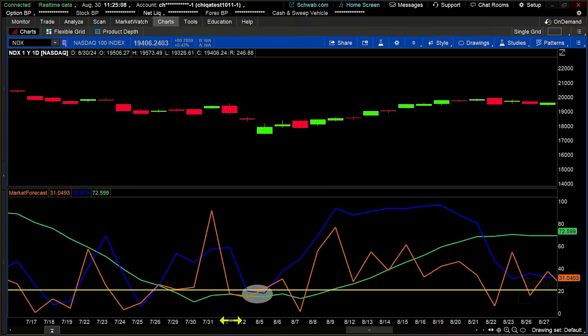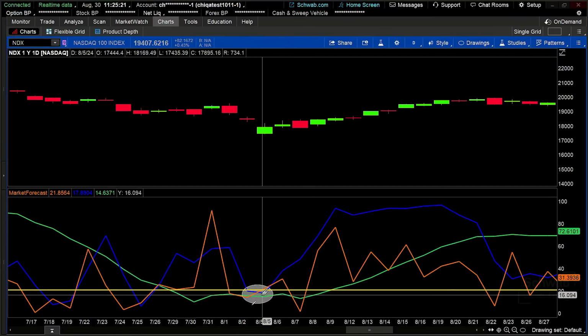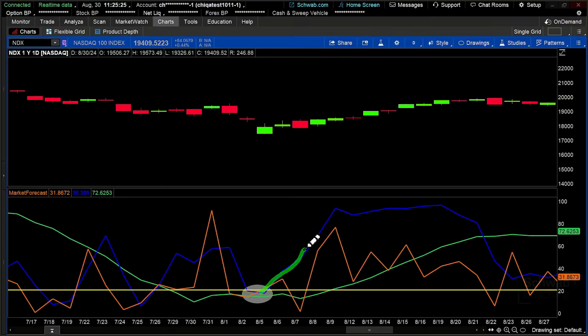It's a convergence of those three different time frames. So when you see a cluster followed by movement of those three lines up, up, and up out of that reversal zone, right?